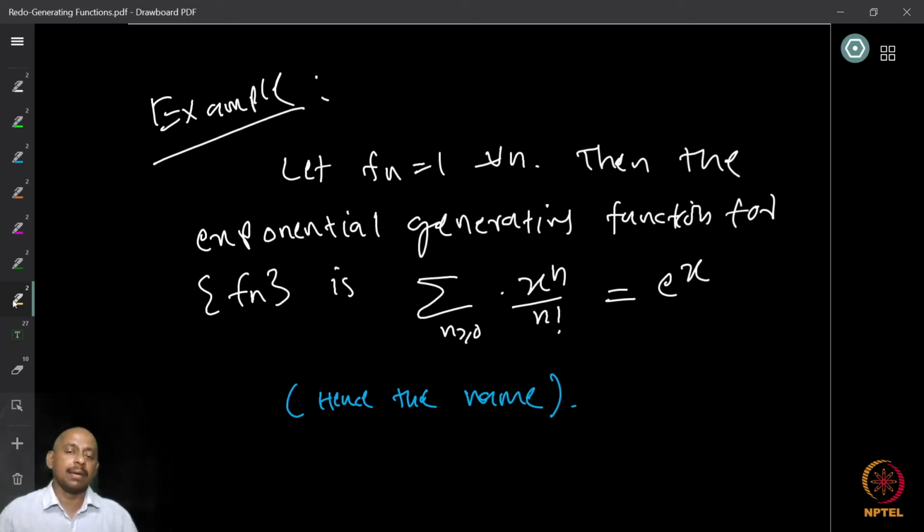And the reason this division by n factorial and taking the series sum is called the exponential generating function is precisely that the constant sequence gets the exponential function e^x as the generating function. Okay, so this is the example I wanted to present first.